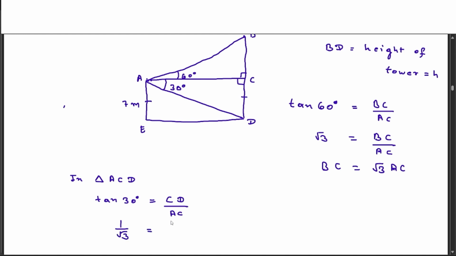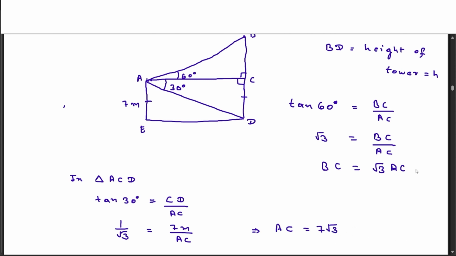And CD, you know, is equal to AE, 7 meter, and AC we don't have given. So based on that, we can say cross multiplication, AC is equal to 7 √3.